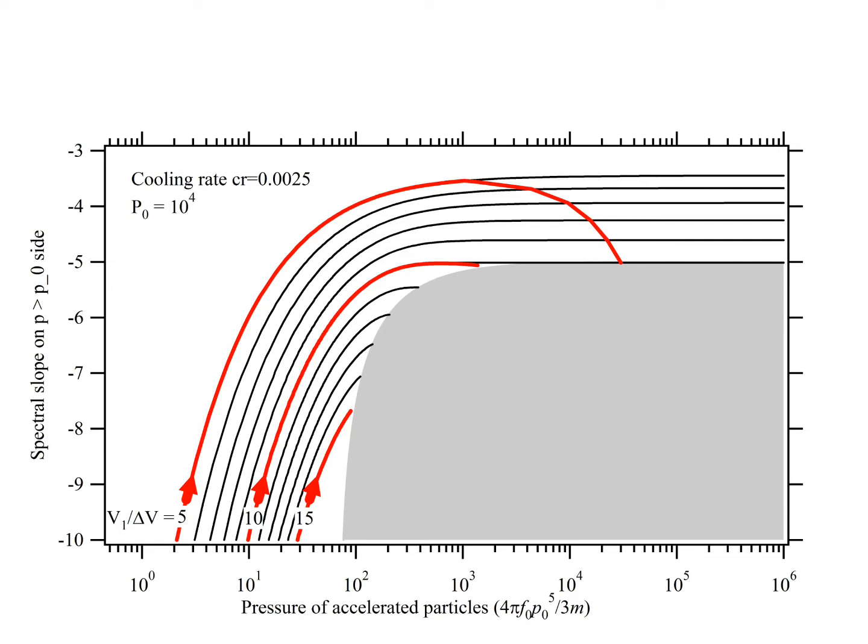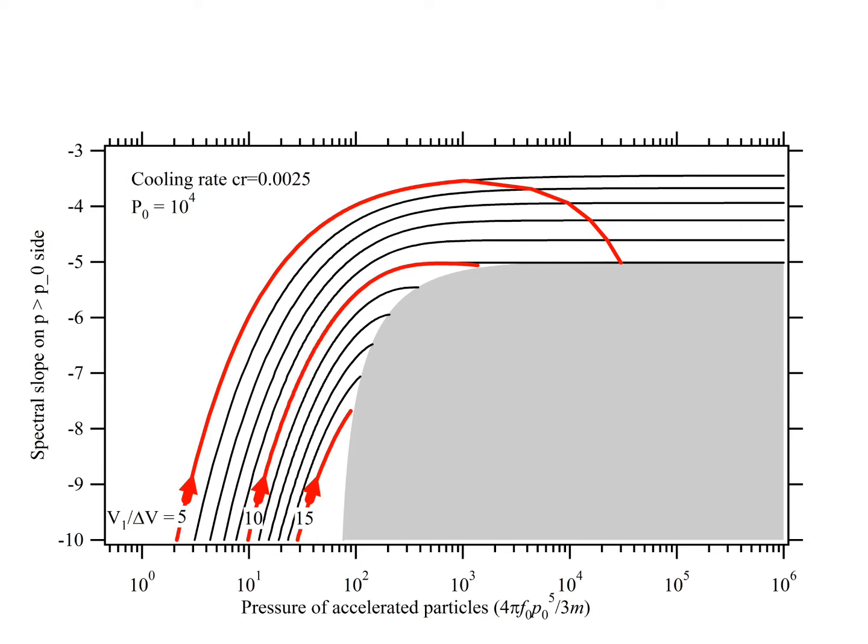This shows the spectral slope of accelerated particles as a function of pressure of accelerated particles. Initially, in the presence of compressible turbulence, if the amplitude is small, so that the ratio of V over delta V is large, the particle will increase its spectral slope and the pressure as time goes on.